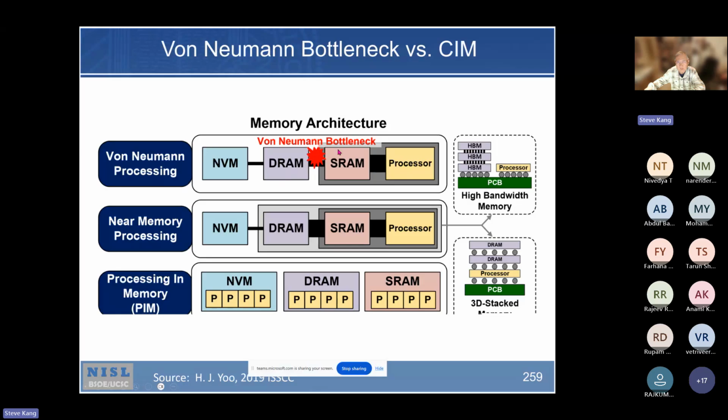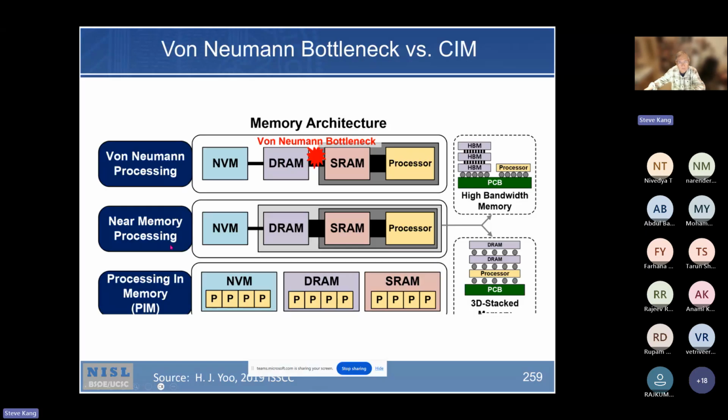In the von Neumann architecture, you fetch data from external memory into the chip and calculate, then push it back and store it, and then the next cycle comes. If you need additional data, you bring it back, process it, and store it back. So it goes back and forth over this long bus, which is very costly.